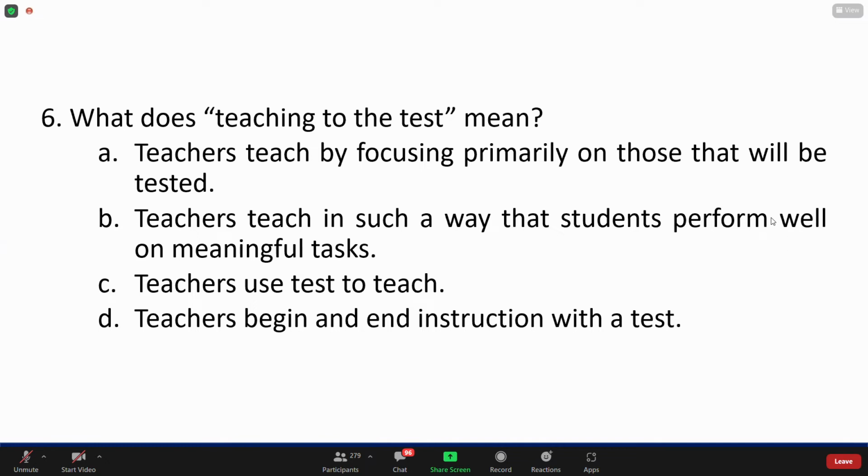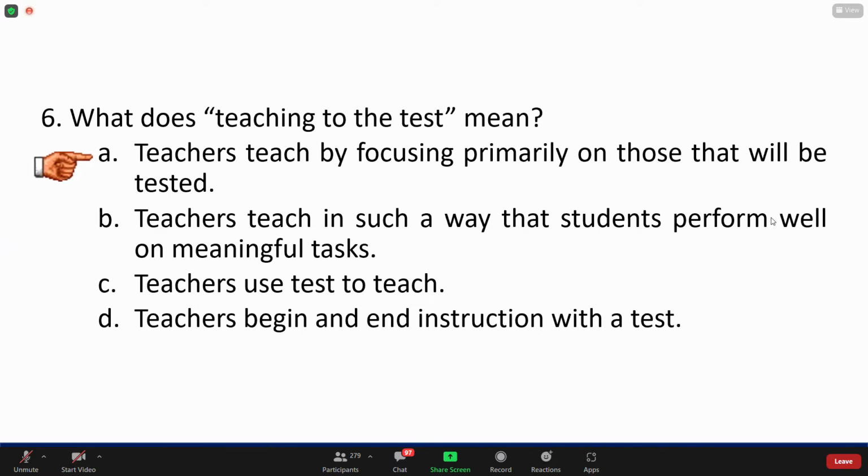Okay ha, I'll read the phrase. Teaching to the test. What does it mean? Very literal yung translation. Teaching to the test. It means teachers, letter A, teachers teach by focusing primarily on those that will be tested. So you only apply yung mga teaching mo particularly sa kung ano yung mga dapat i-test.